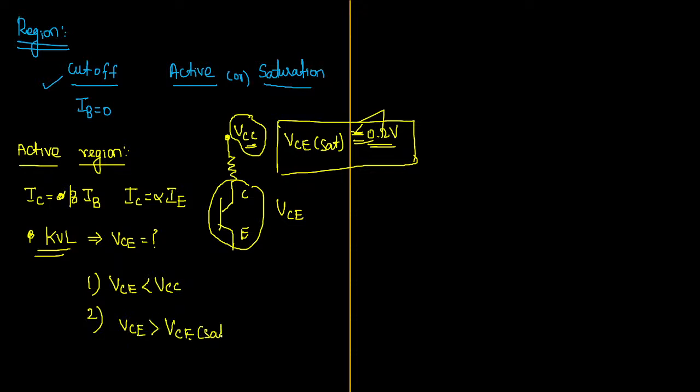If the transistor is in saturation region, the voltage there is 0.2. Is the voltage we calculated greater than that or not? If these two conditions are satisfied, then the collector to emitter voltage is less than VCC, and at the same time it is greater than the collector to emitter saturation voltage.